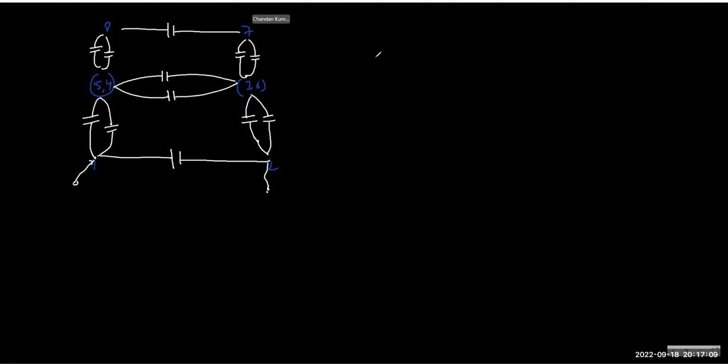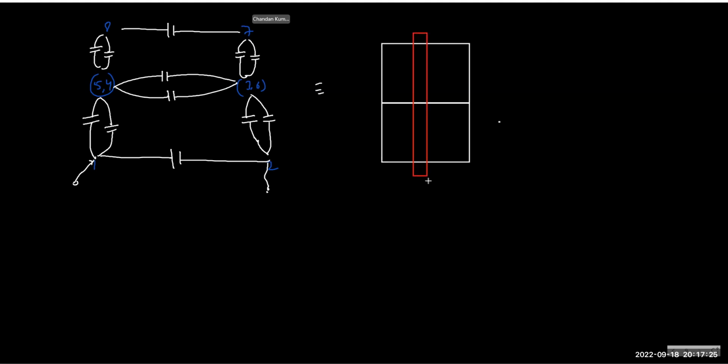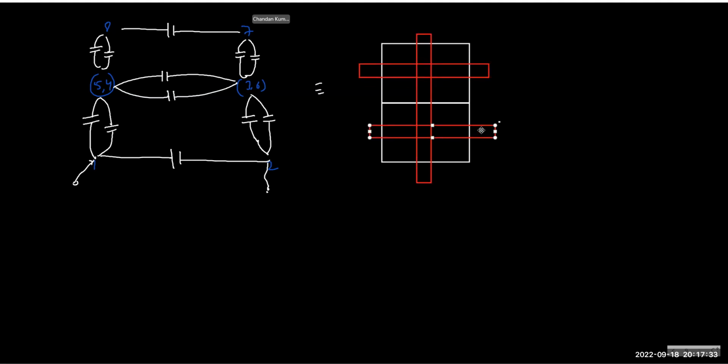This will look very nice if I draw it in this manner, in which this is C. So a few are C and a few are 2C. Can you identify the C part and the 2C part?